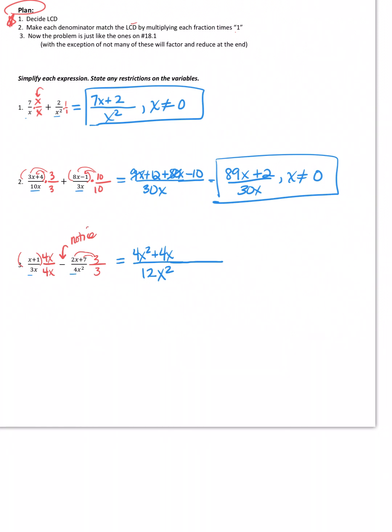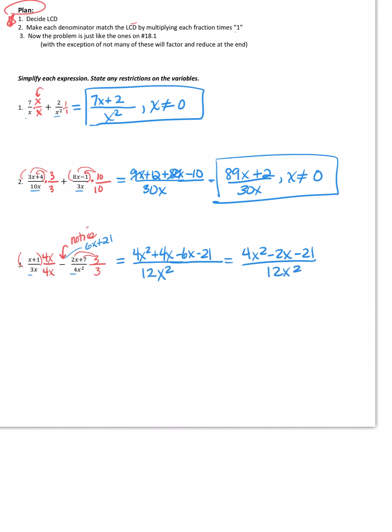Now, notice if I do the 3 first, I'll have 6x plus 21, right? Then if I distribute the negative, that'll make it minus 6x minus 21. So you can do it in 2 steps, you can do it in 1, but you got to distribute the negative and the 3. Now I combine like terms, so I'll have 4x squared minus 2x minus 21 divided by 12x squared.